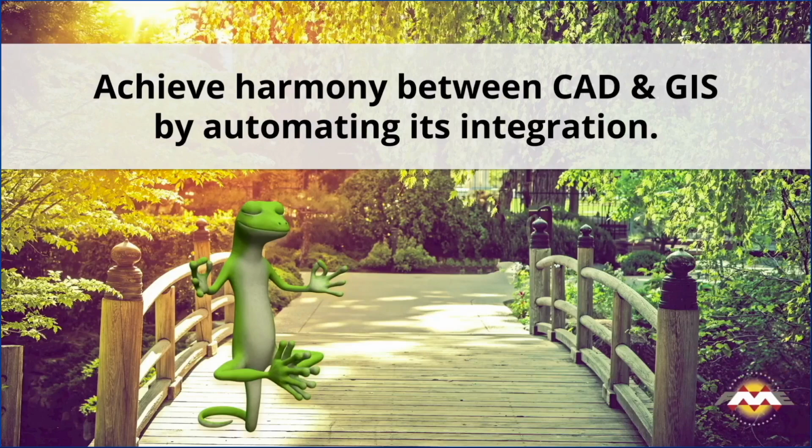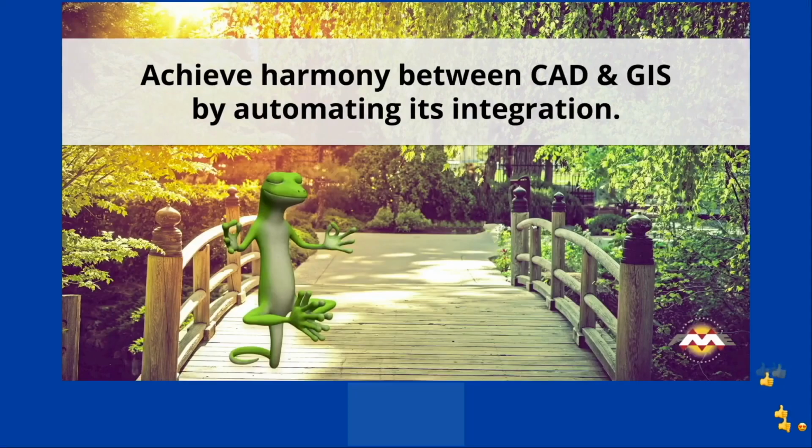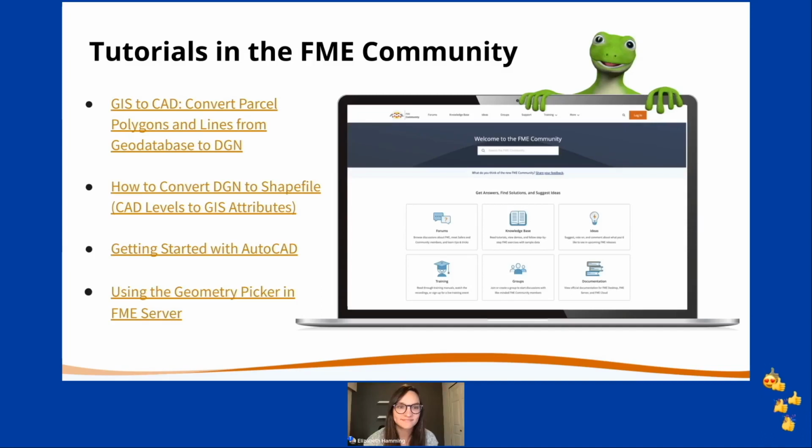Of course, the workspaces we showed are available for you to download off of our archive webinar site, and you can explore them yourselves. If you want to dig in more deeply, you can always go into the tutorials in the FME community, whether it's going from GIS to CAD or the other direction. There's a bunch of great material there that you can explore when you have a chance.